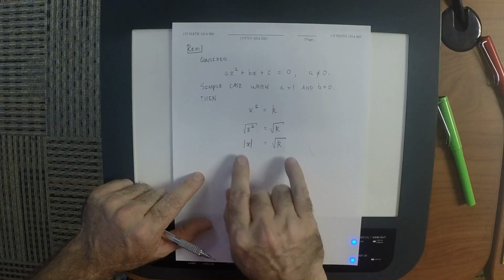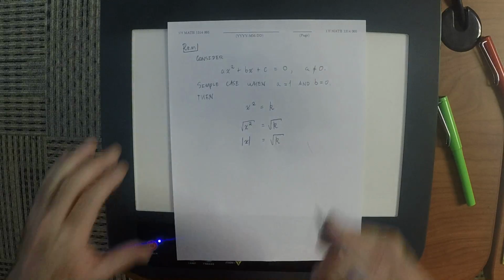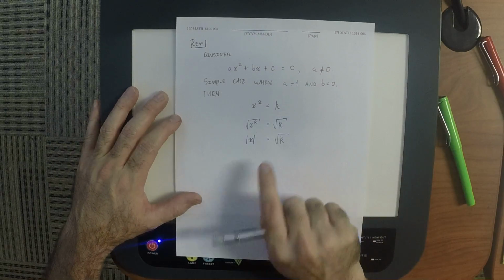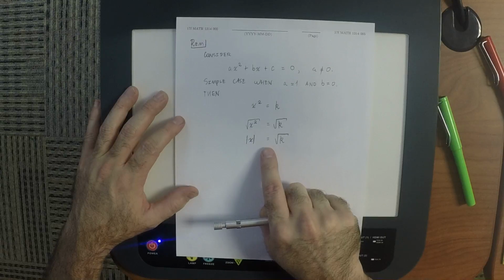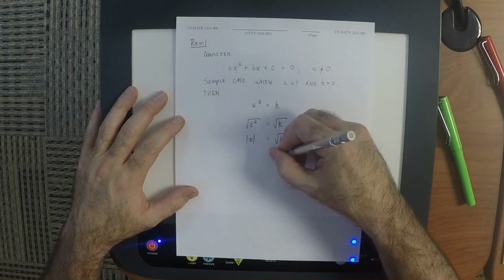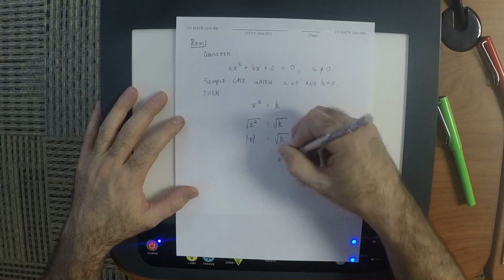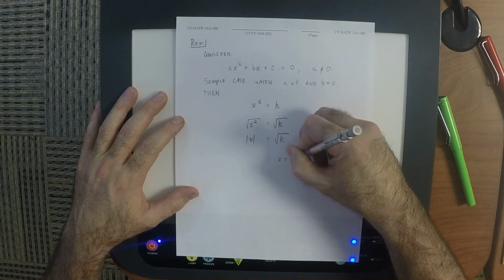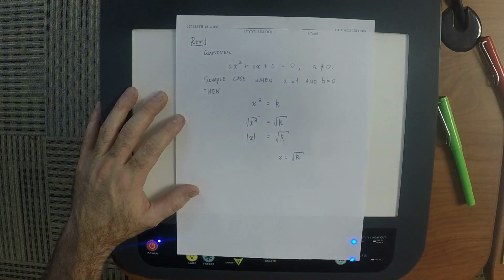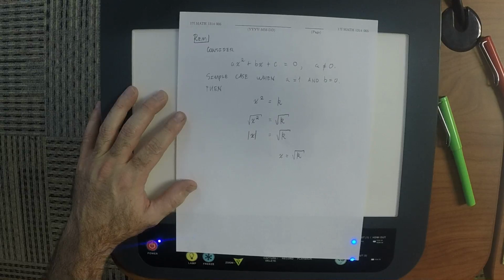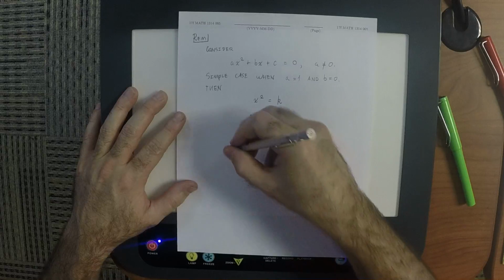So what are the solutions to this? One of the possibilities is the square root of k. What's another possibility? Negative square root of k.